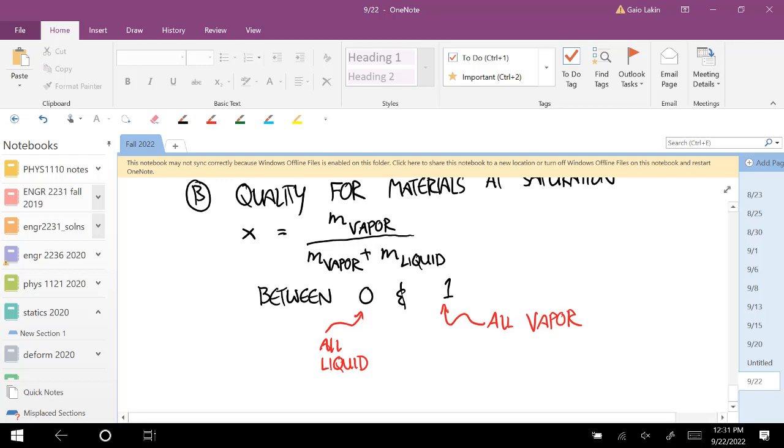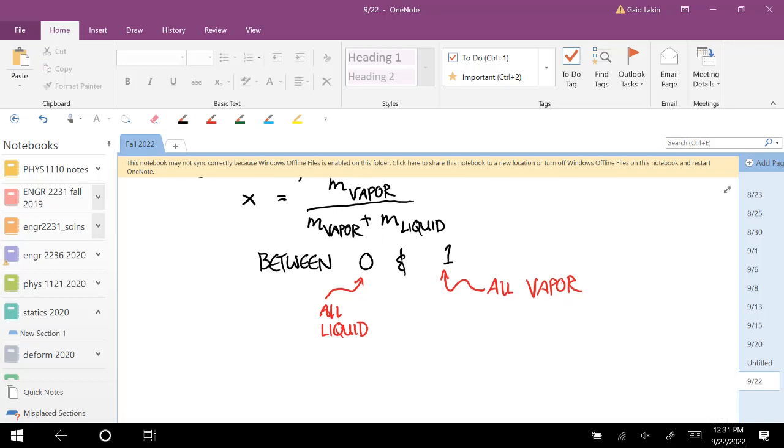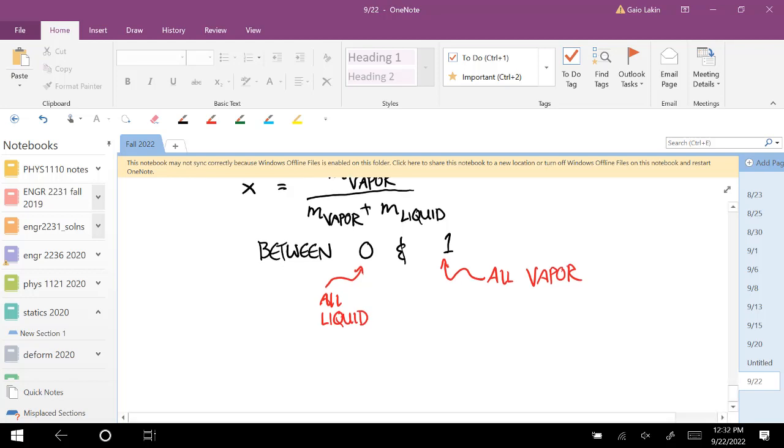And you can use the quality to calculate the specific volume, specific internal energy, specific enthalpy, or specific entropy soon.